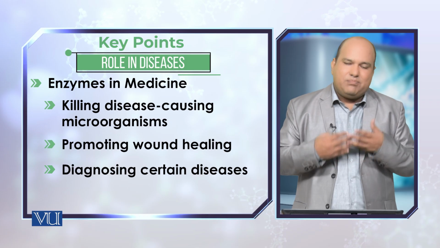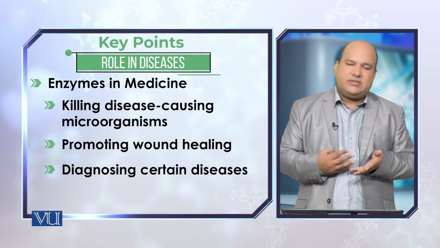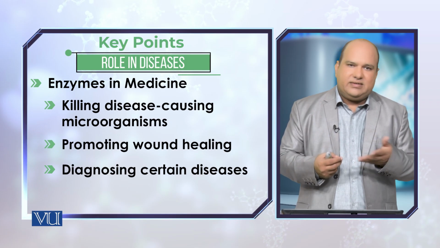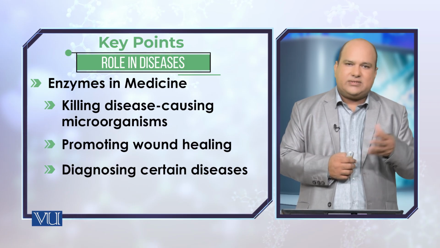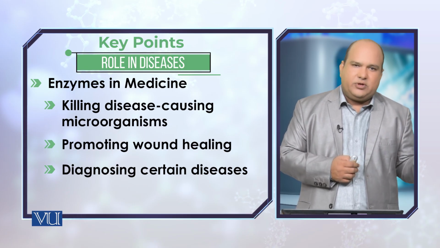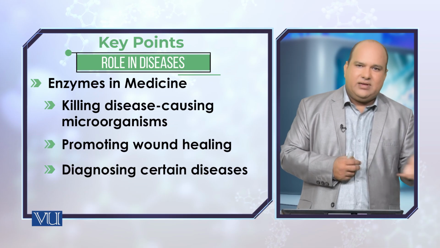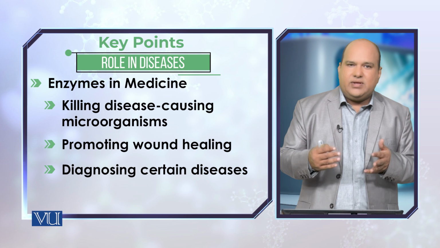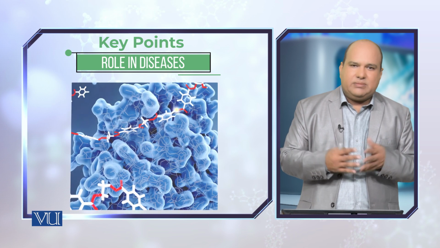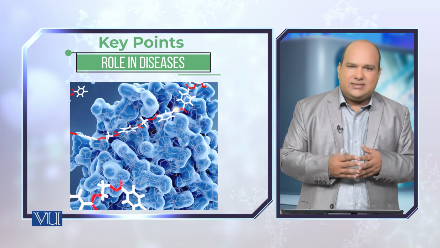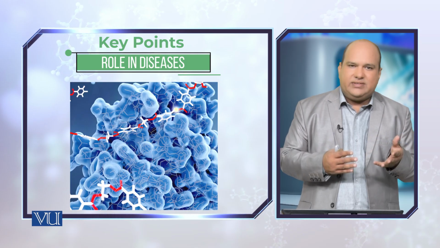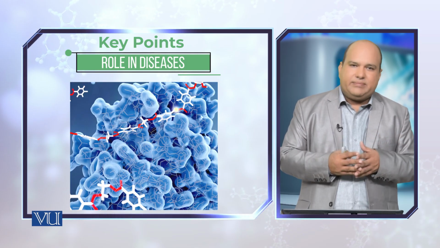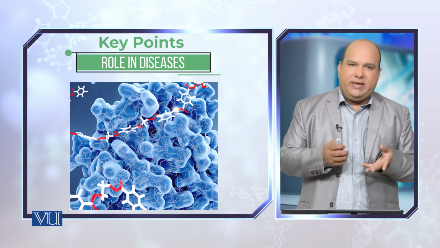Then they act as marker molecules for the diagnosis of certain diseases. So that's why you check your hemoglobin level, you check the levels of different sorts of enzymes in your simple diagnostic tests to see what sort of diseases or medical problems your body may have.